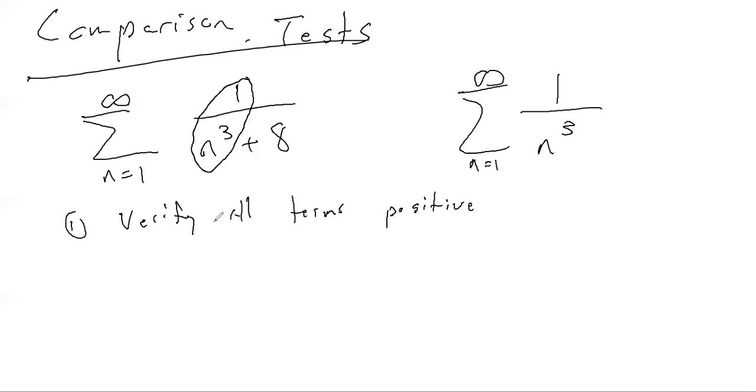Again, these first two steps are usually pretty simple. Is 1 over n cubed plus 8 always positive? Remember, for n we're plugging in natural numbers, so 1, 2, 3, 4, etc. So yes, it's always going to be positive. Same thing over here, 1 over n cubed. If we're plugging in n's, that's always positive.